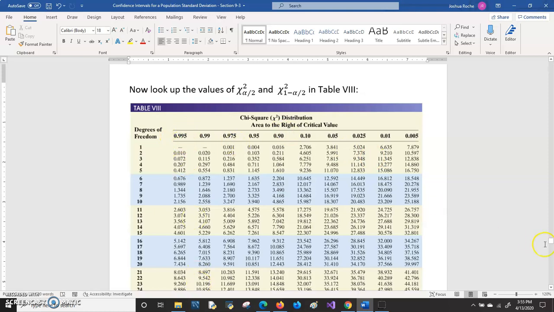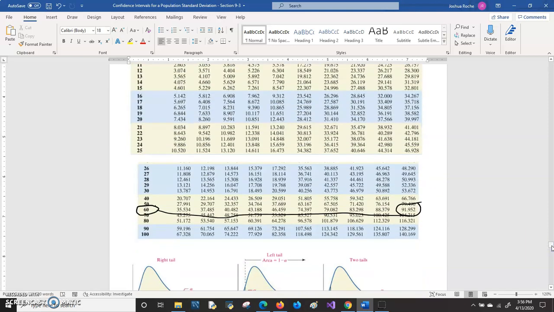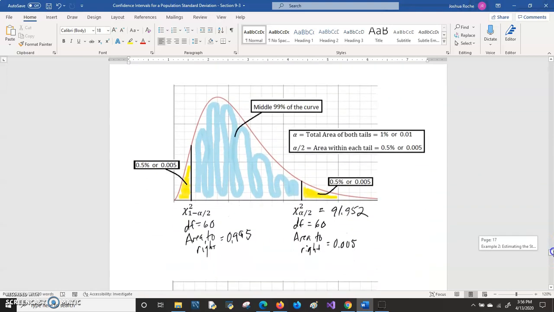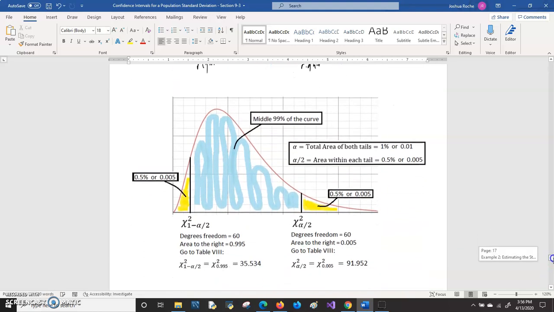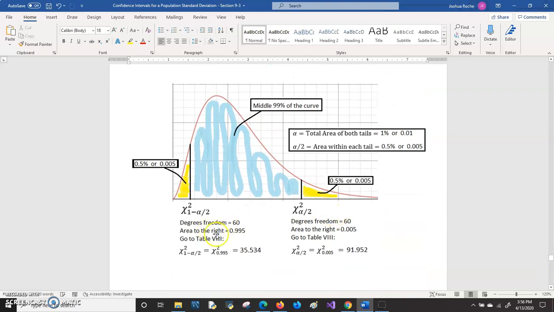We'll go down to 60 degrees of freedom, and it looks like it's 35.534. And below that, I've redrawn this. I've typed it out so it's easier to read, but this is the same as what I wrote up here.